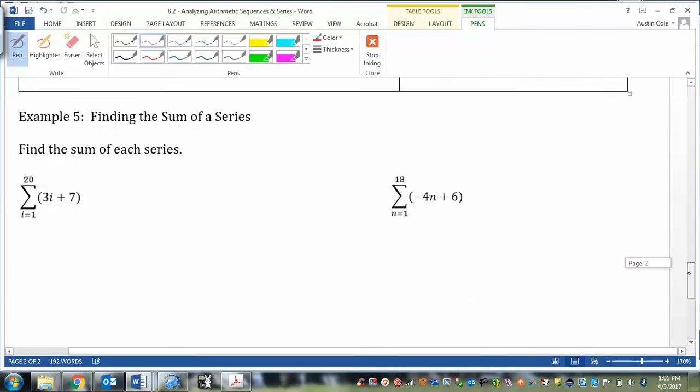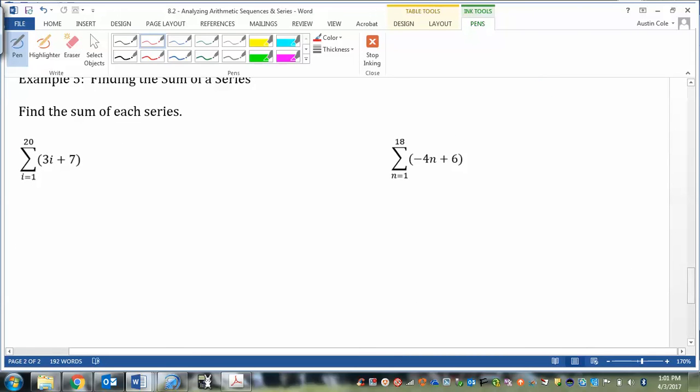Okay, so here we go. It says find the sum of each series. Okay, so it's arithmetic. So S sub 20. I guess before we do that, we need a couple things. We need the first term in the series. We need a sub 1.